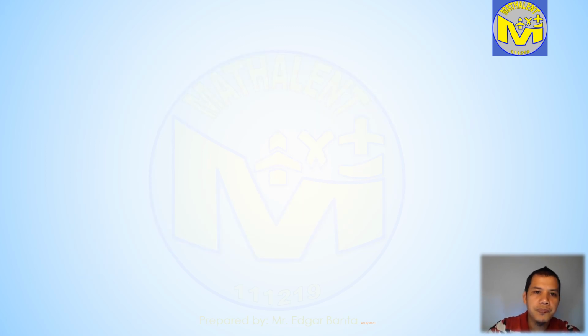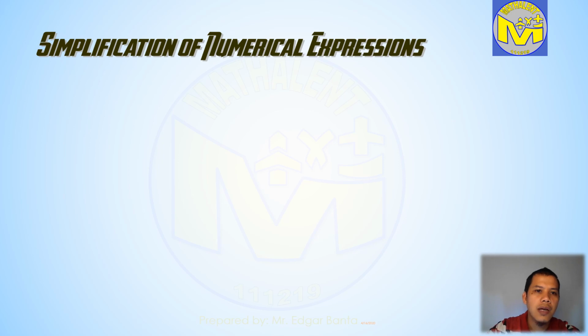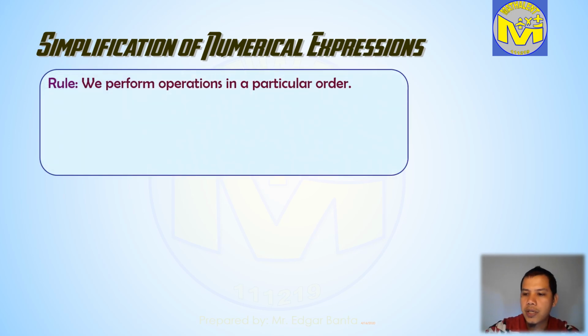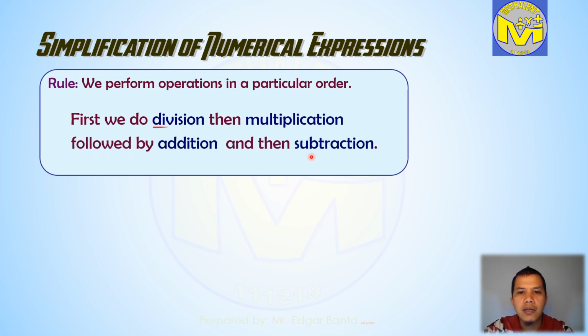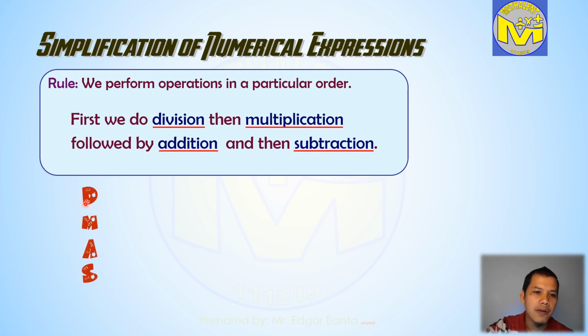So let's proceed. Now, how to simplify numerical expressions? We have a rule. We perform operations in a particular order. First, we do division, then multiplication, followed by addition, and then subtraction. In short, we have DMAS.